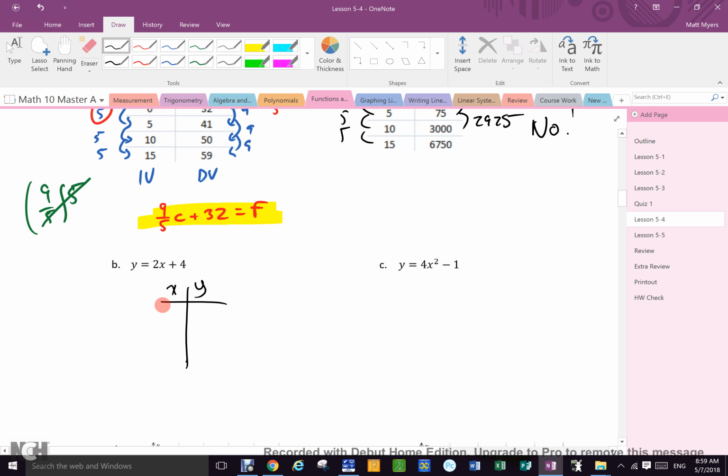Who decides what the x numbers are that we put in here? You do, because they're input. So give me 3 numbers. 1, 2, 3. Now I'm going up by 1, yes? When x is 1, what's y? 6. Does everybody understand why y is 6?